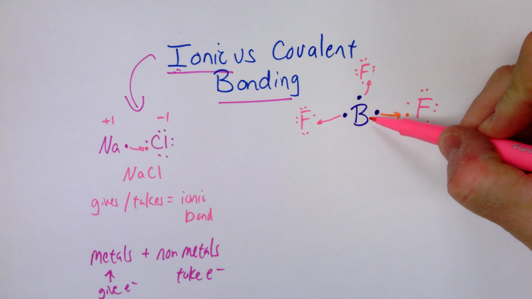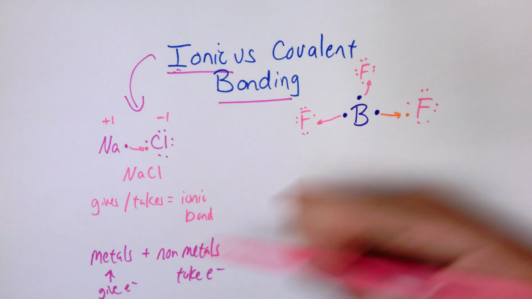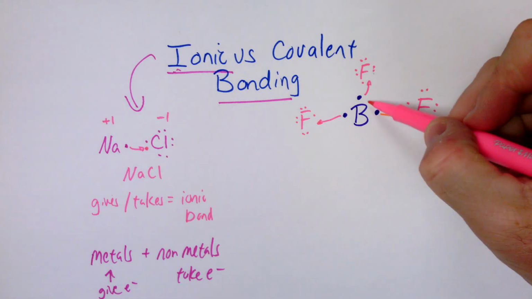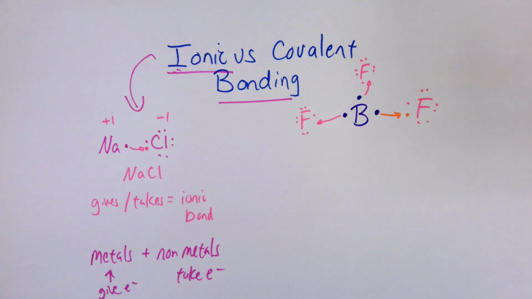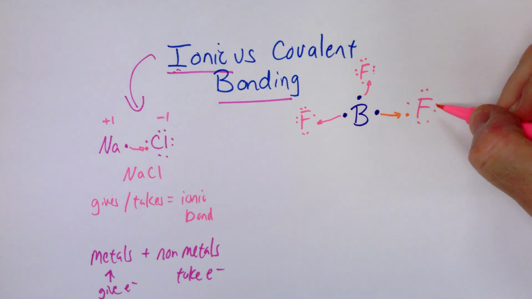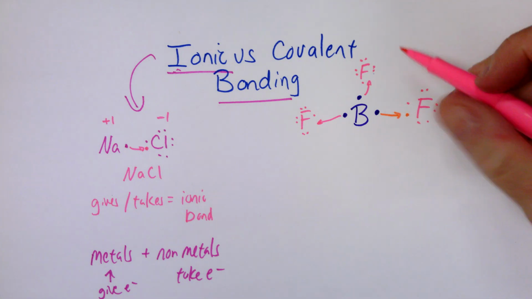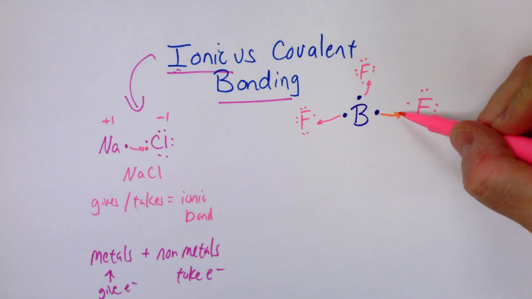Boron really can't give electrons because the atom is so small and these electrons are so close to the nucleus because they're only in the second energy level. Boron holds on to its electrons very tightly. Even fluorine, which is the biggest electron bully out there, the most powerful atom at coming in and grabbing electrons from somebody else, is not strong enough to totally take the electron from boron.